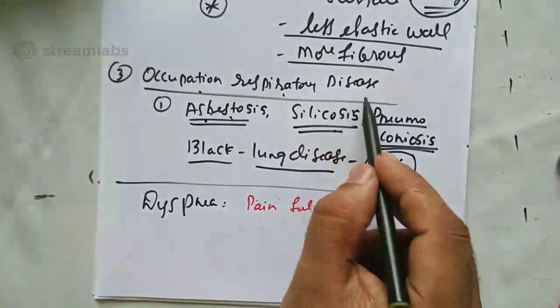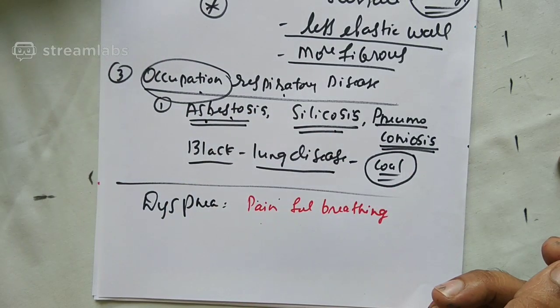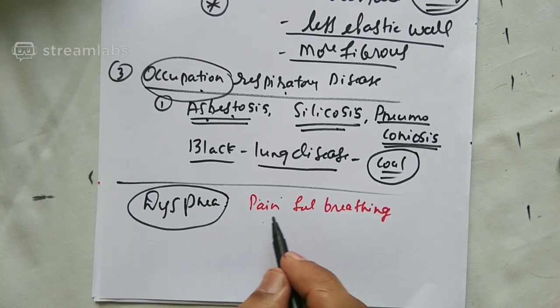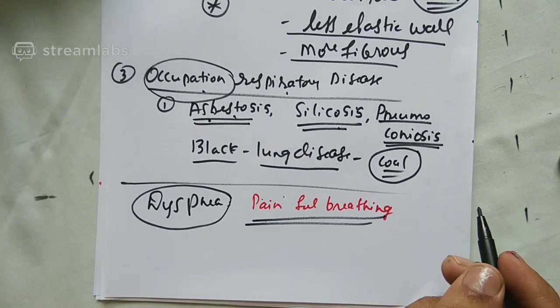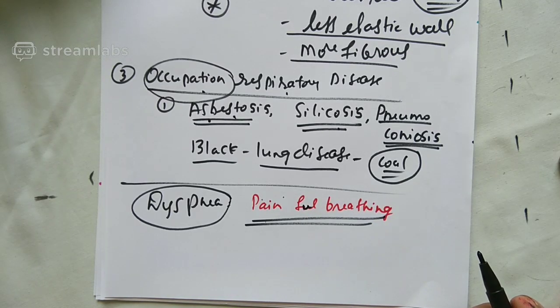These are all respiratory disorders because of occupation. Hope the matter is clear. Last one we are discussing is dyspnea. The painful breathing is called what? Yes, it's called dyspnea.